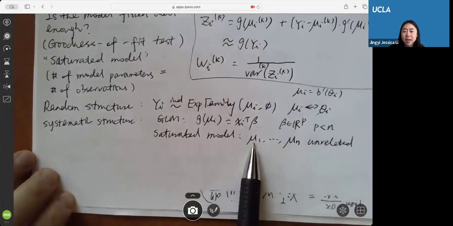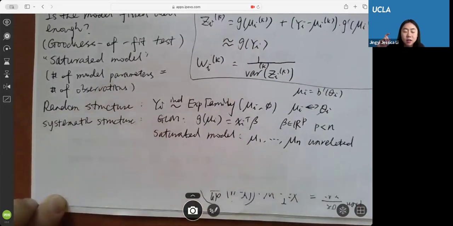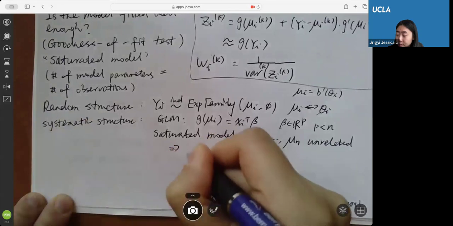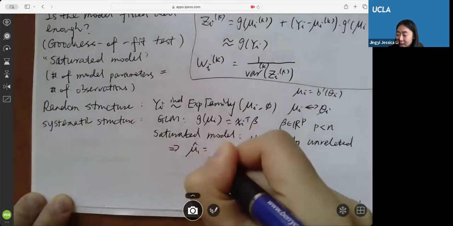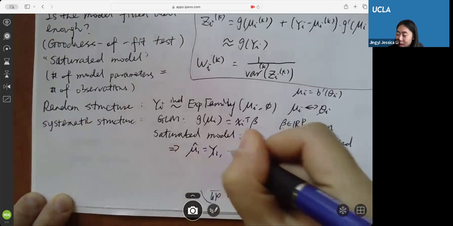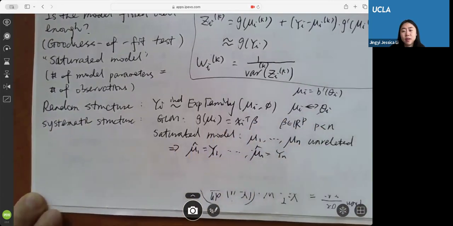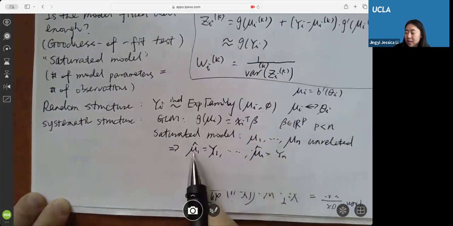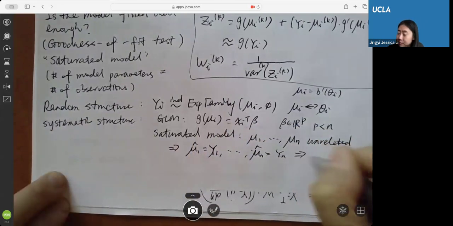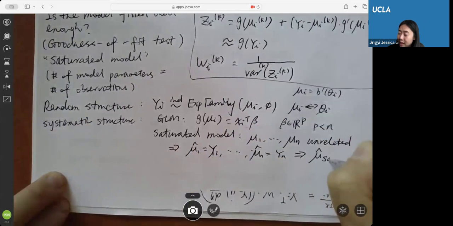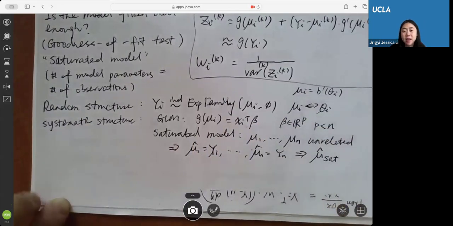Because each parameter has its own observation, the most obvious, natural parameter estimate would be mu_1 hat equals y_1, up to mu_n hat equals y_n. That would be our estimates under the saturated model. I call that mu SAT, to mean saturated.